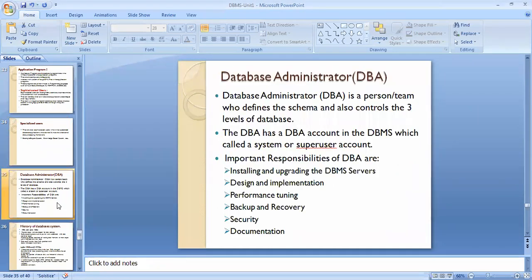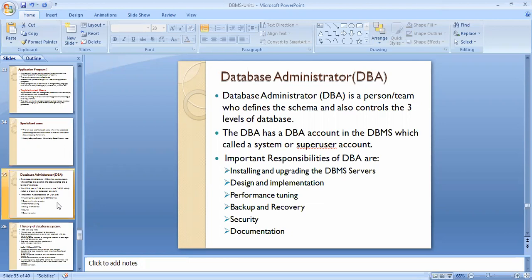Now DBA. This is one of the important points, that is the database administrator. The database administrator, DBA, is a person or team who defines the schema and also controls the three levels of the database. I will repeat: DBA is a person or team, two or three candidates in one organization.